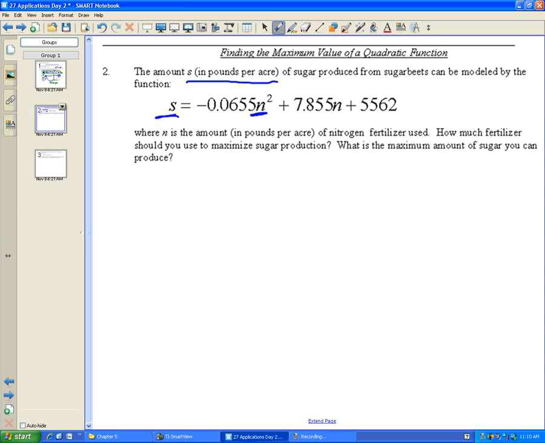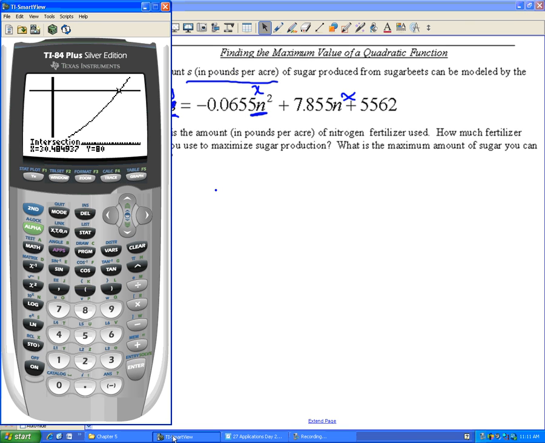So I want to look at this and I want to find my Y. S is going to be my Y. N is going to be my X. And I can plug this into my calculator. So I go to my calculator. I hit Y equals.